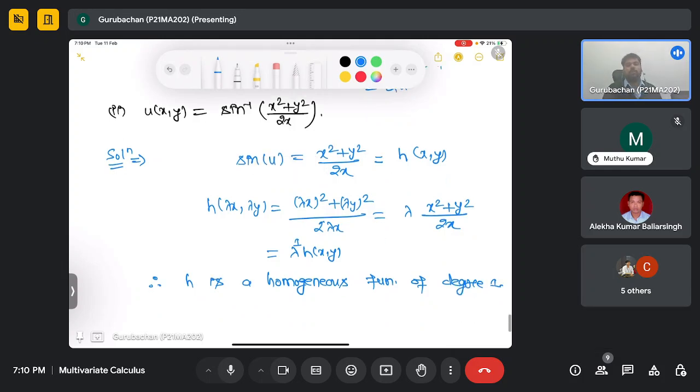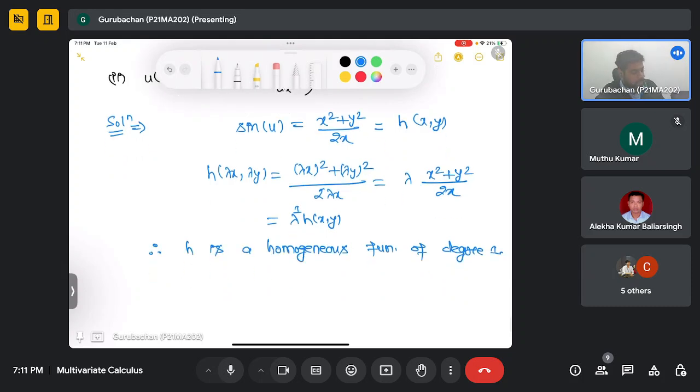So I want to tell you here that after some substitution or computation, we can consider some function which is a homogeneous function. Now we are aware that this function is a homogeneous function. So we can apply Euler's theorem on this function.